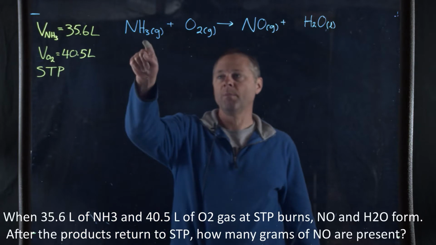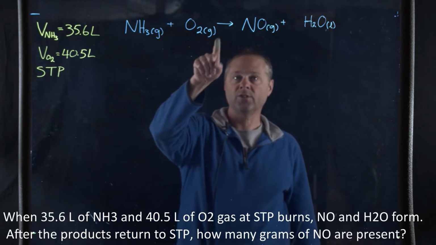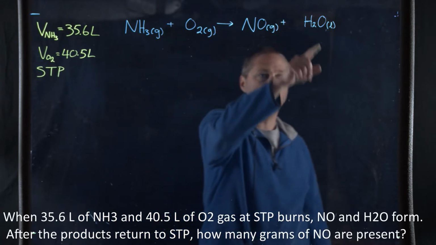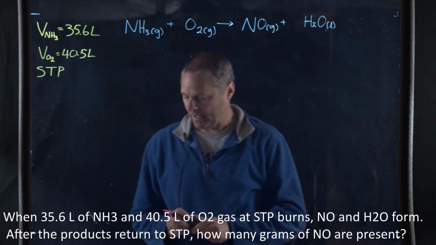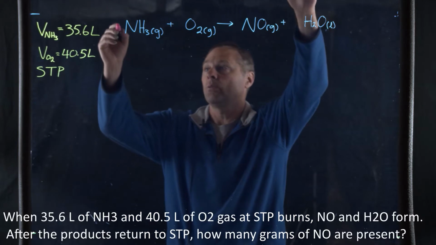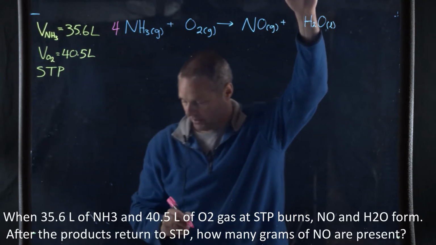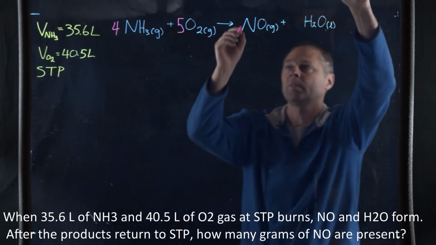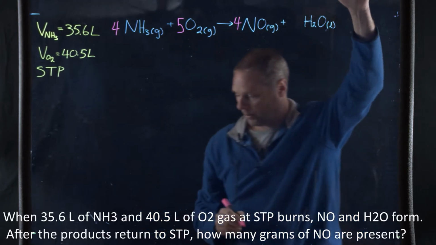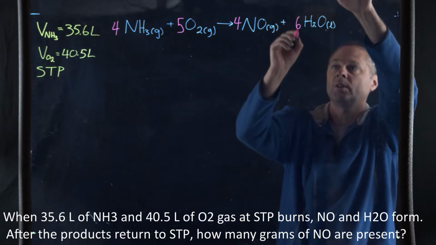And so we're going to have ammonia reacting with oxygen to produce nitrogen monoxide and water. Now this is going to be an unbalanced equation. And if we want to balance it, we're going to have to put a 4 here, we'll put a 5 there, we'll put a 4 there, and we'll put a 6 here.